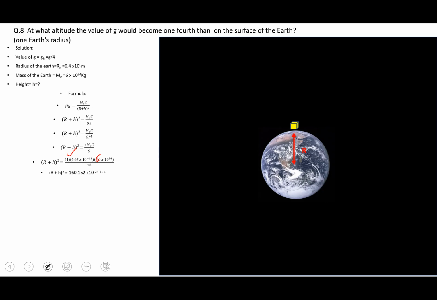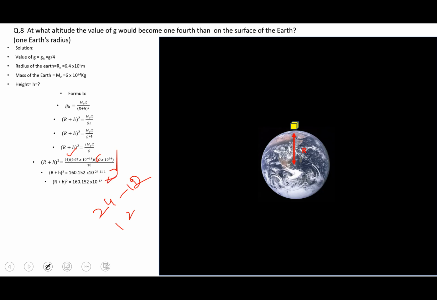Putting the values, R plus H whole square is equal to 160.152 into 10 to the power 24 minus 11 minus 1. Now, if we calculate it, we get R plus H whole square is equal to 160.152 into 10 to the power 24, because we can see 24 minus 11 or minus 1 will be equal to 12. So 12 minus 24 will be 12.